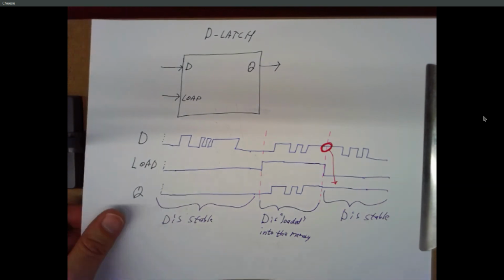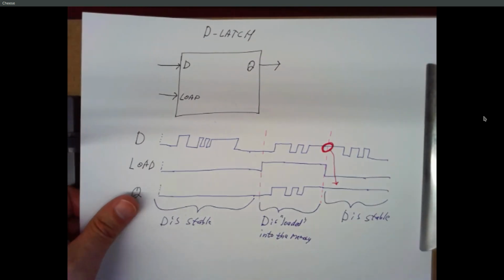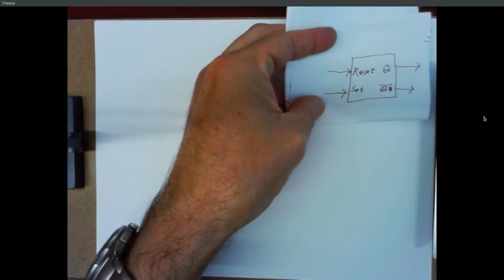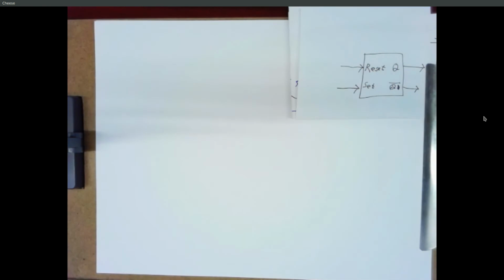Okay, so we've got 5 minutes. Let's build a D latch. And it's really easy to do, because we're just going to use an SR latch. So there's our SR latch.